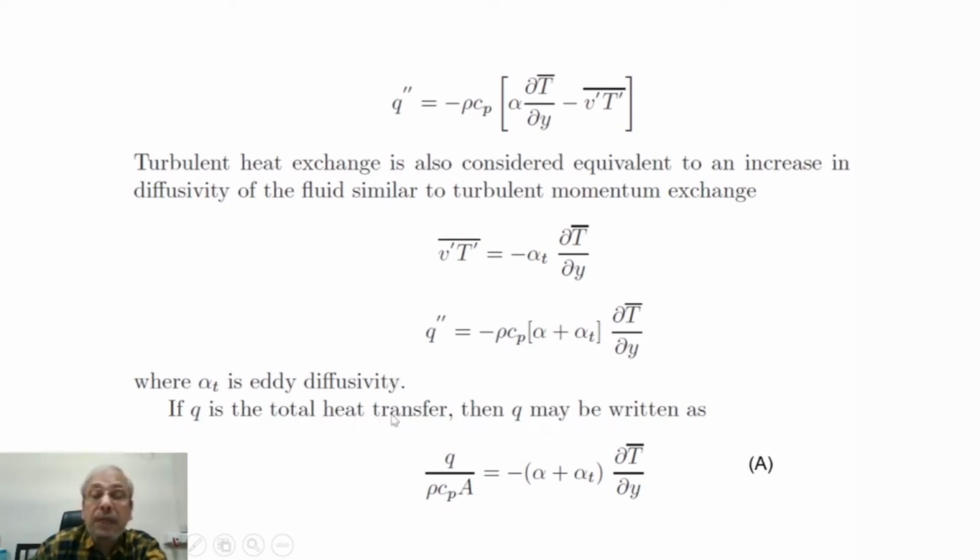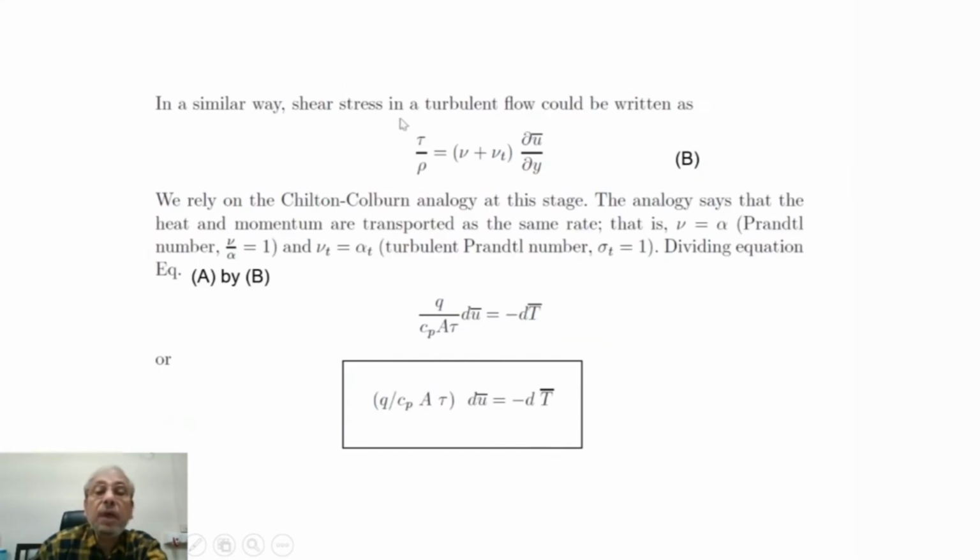If Q is the total heat transfer, then q double prime is the heat flux. So Q by A is the heat flux, and we bring rho Cp to the other side. So we can write Q by rho Cp into A equal to minus alpha plus alpha T into del y of T bar, and we give this some identification as A. We will remember this, and then we will look at the shear stress in a turbulent flow.